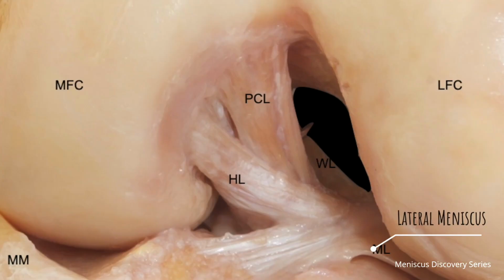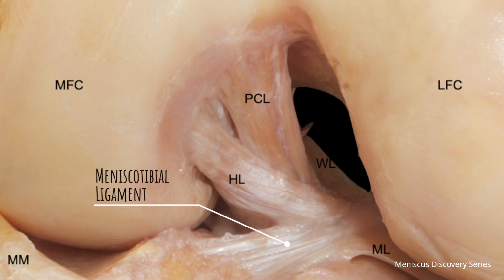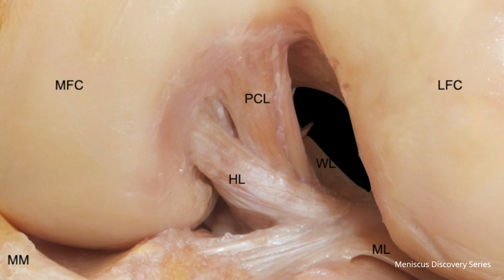LM is the lateral meniscus. Then we have the Wrisberg ligament, which is behind the PCL, the Humphrey ligament, which is in front of the PCL, and these structures here. This is the meniscotibial ligament, and the meniscotibial ligament covers the posterior root of the lateral meniscus. Different structures, I will show you how it works.